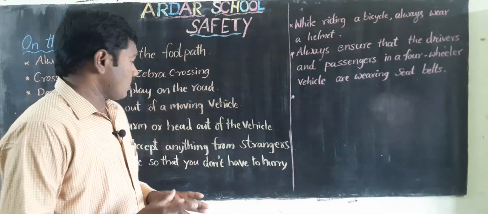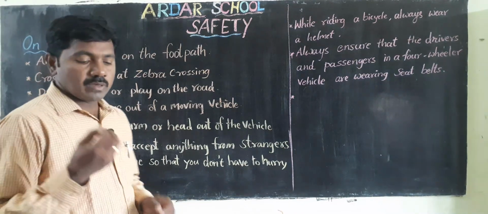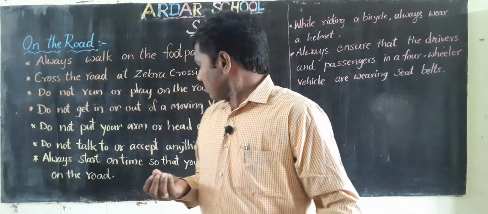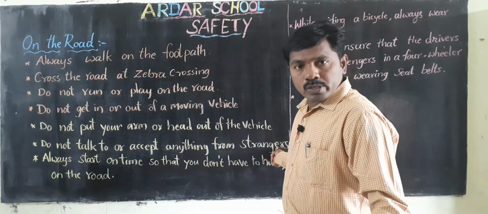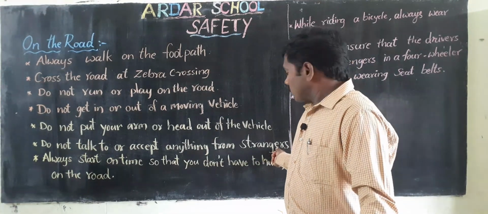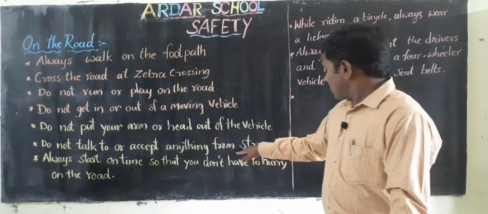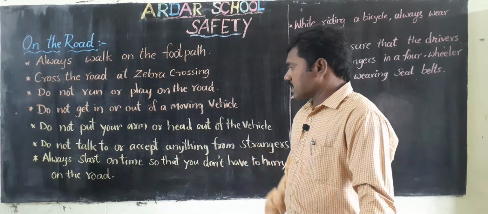Okay children, why? Because sometimes they give some food material that is very poisonous to us. So that's why you don't take anything from strangers.